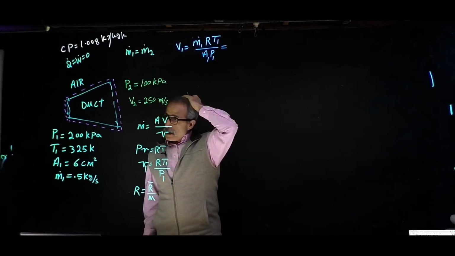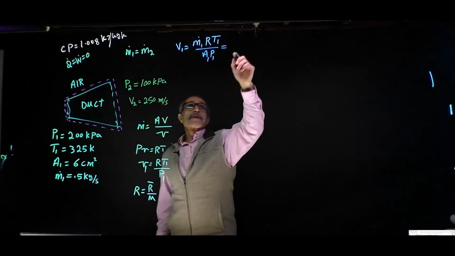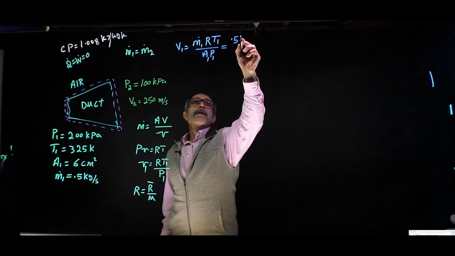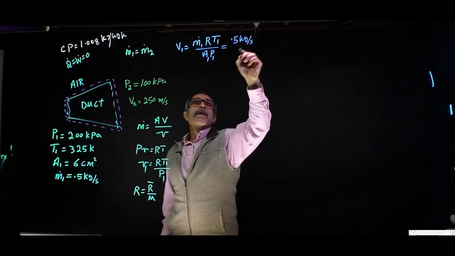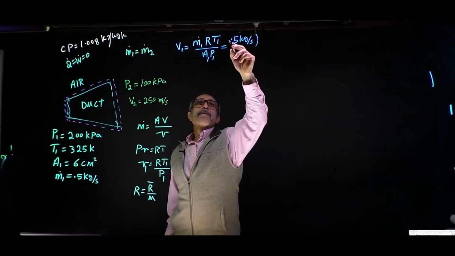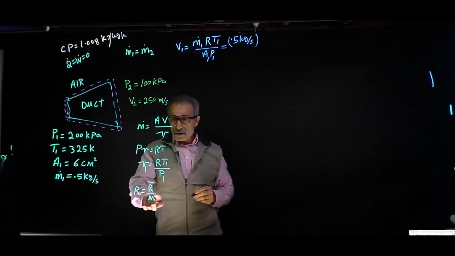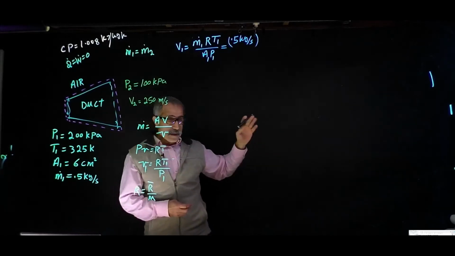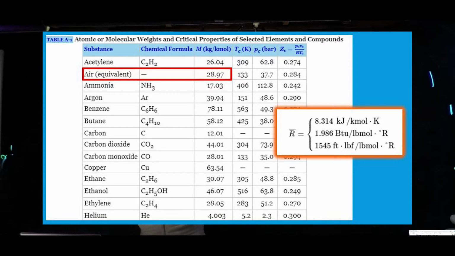M1 was 0.5 kilogram per second. And then we have R. I'm going to use what we have on the board, which is basically 8.314 divided by 28.97, and 28.97 comes from the table for molecular weight.